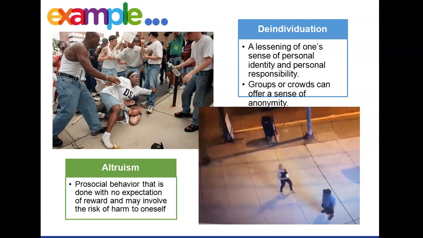And that's altruism. We also have de-individualization, where, especially when you're in a group or in a crowd, you lose your sense of self. So you just become one group. And then you act as that one group. And that can get very dangerous, which we're going to be talking about very shortly.